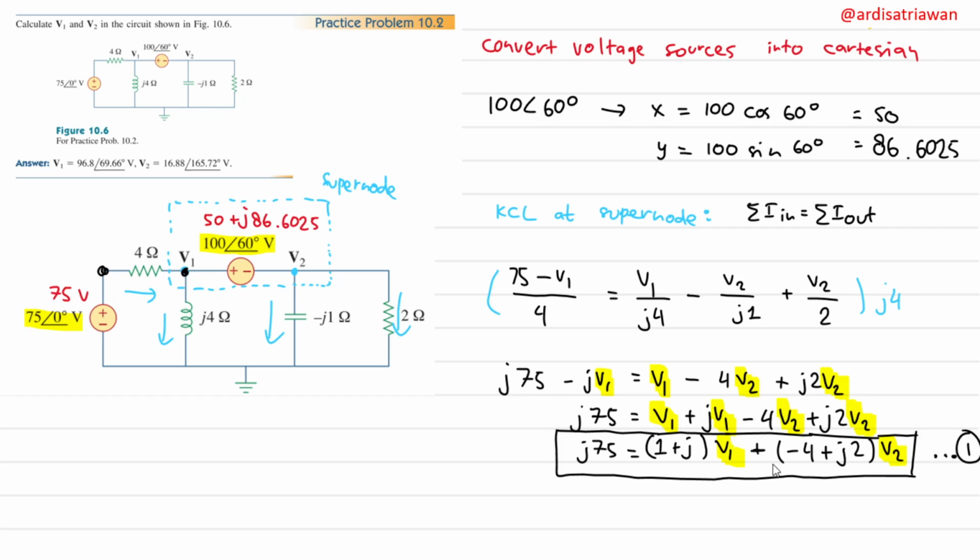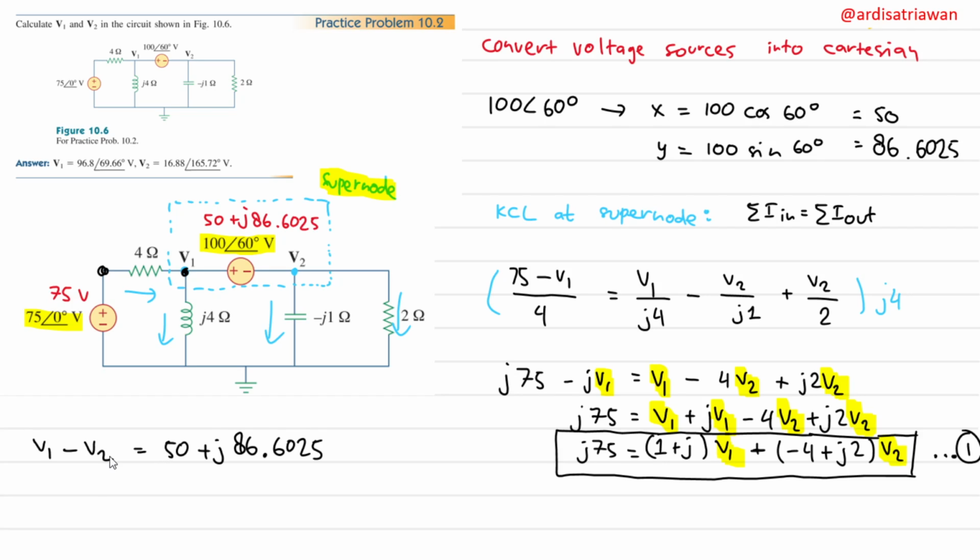Okay, because we have two variables, we need two equations, so we can take a look at the inside of the supernode, right? So the difference between V1 and V2, V1 minus V2, is the value of this, which is 50 plus j86.6025.